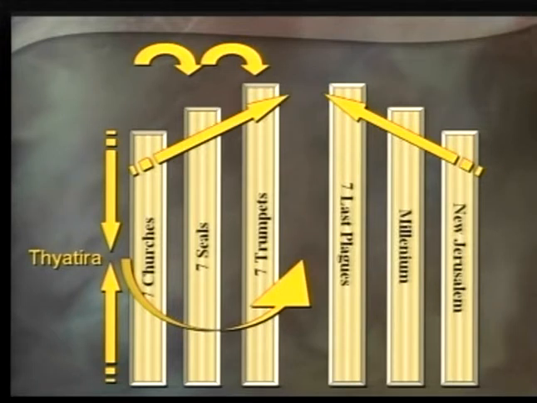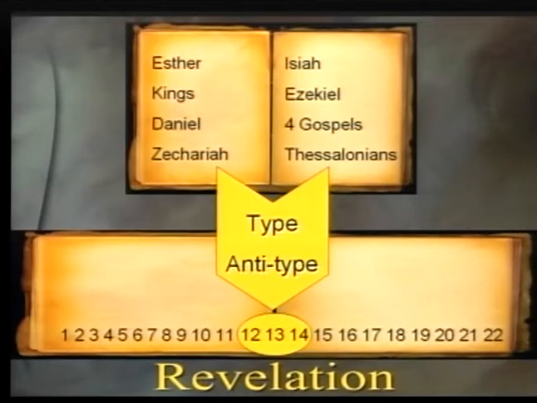unbelievable type, antitype. You see, as I've mentioned before, various books in the Bible, the book of Esther, the book of Kings, Daniel, Zechariah, Isaiah, Ezekiel, the Gospels itself, Thessalonians, so many of them reflect to the center of Revelation, with types and antitypes.